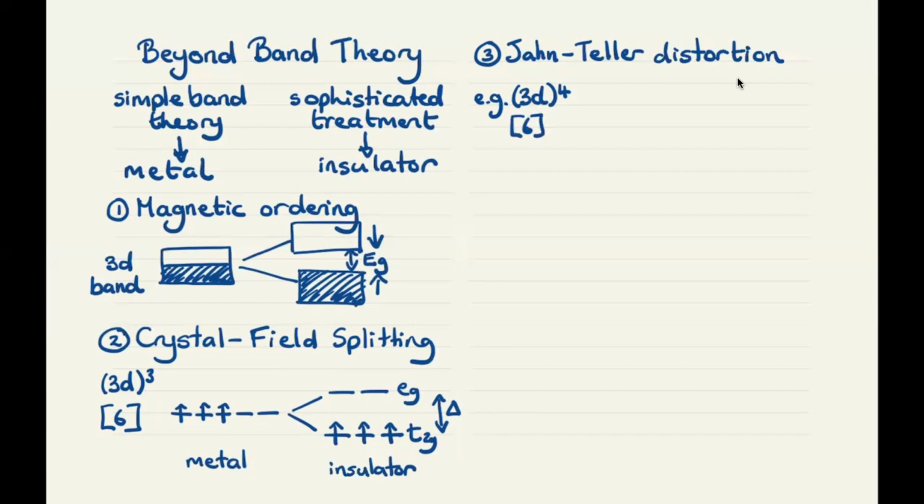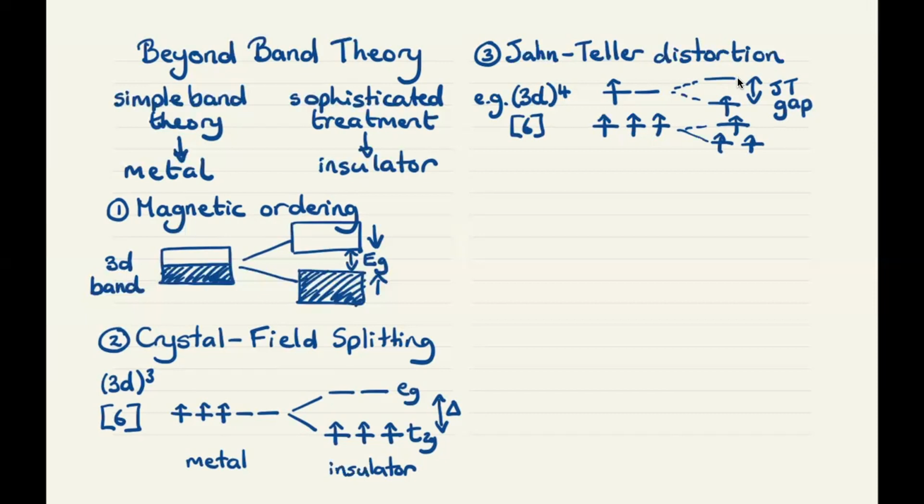The crystal field would split the T2G and the EG energy levels, as in the example that we just looked at, but we would have a half-filled band unless we take into account the Jahn-Teller distortion, which splits the energy levels so that we have, again, in this case, a Jahn-Teller band gap.